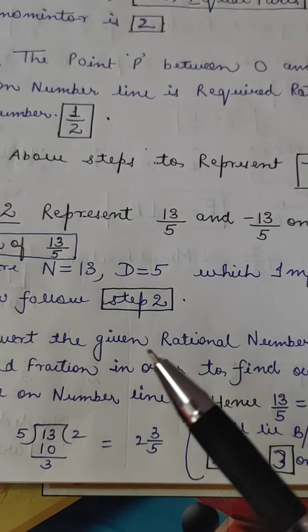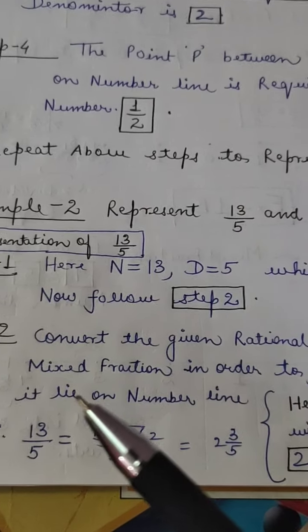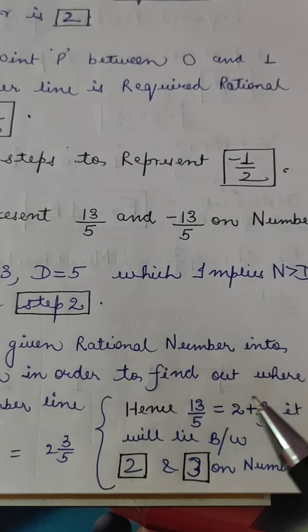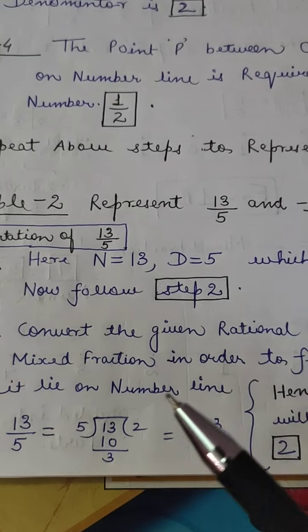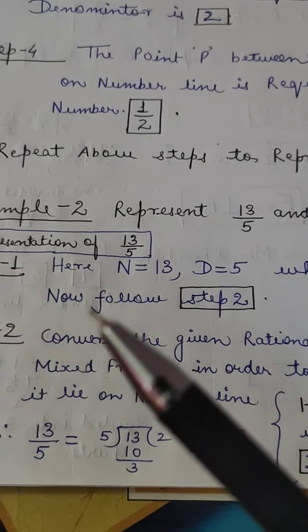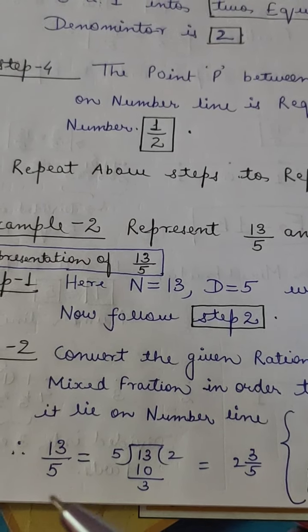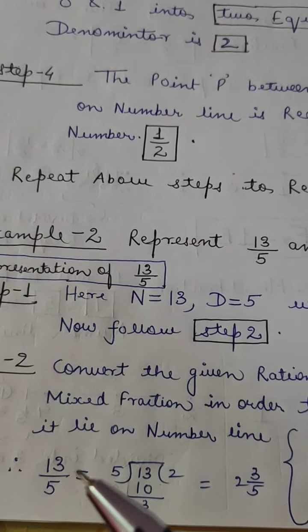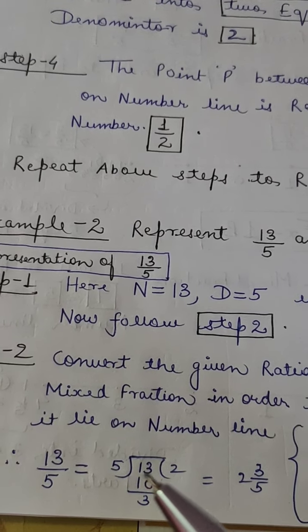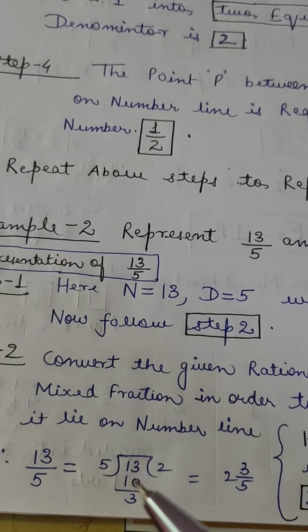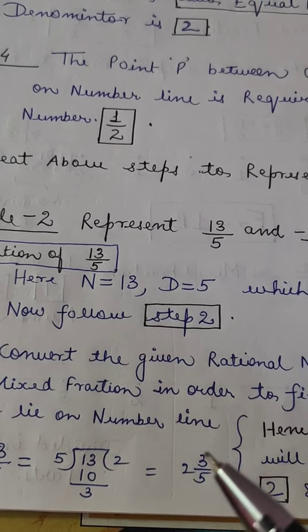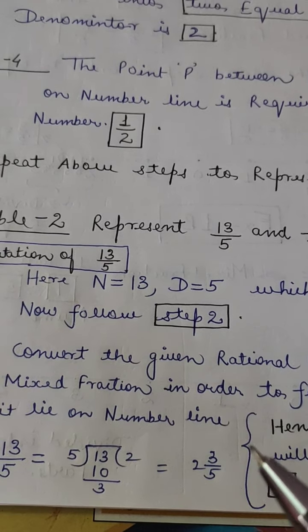First we have to convert this rational number into a mixed fraction in order to find out where it lies on the number line. सबसे पहले जो हमें फ्रैक्शन है 13 by 5, इसको हमने किस में कन्वर्ट करना है, मिक्स फ्रैक्शन में. मिक्स फ्रैक्शन सबको आता है कन्वर्ट करना. सिंपली वी हैव टू डिवाइड 13 by 5. We will get 2 and 3 by 5 as our mixed fraction.